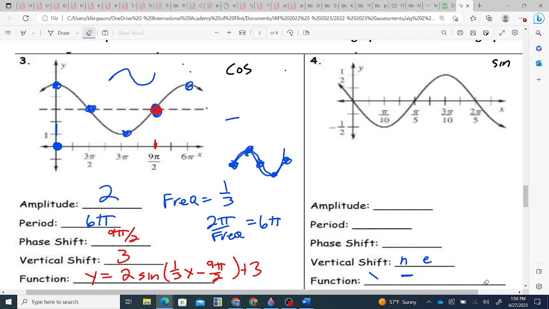So let's figure out if we were using cosine for this one. So cosine looks like a U. Well, that doesn't look like a U. See, here's the U right here. That's the U. So then the question would be, where was my graph technically supposed to start?